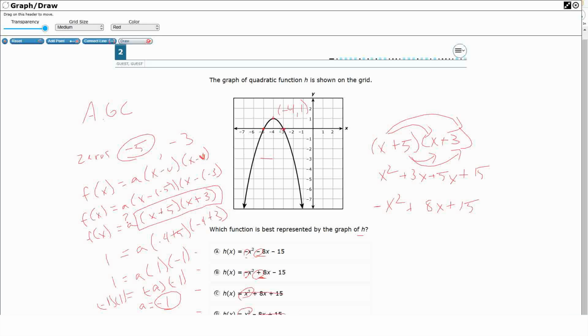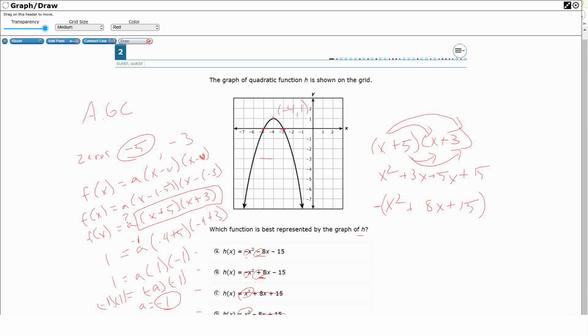Now, you notice my negative right here is actually an outside variable. It goes across everything. So what I need to do here is, rather than simply making my x squared negative, though this negative x squared tells me it's a downward facing, I actually need to multiply it by everything.